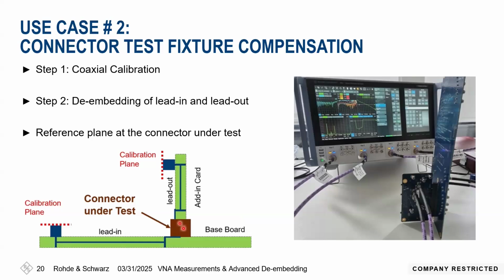So this is the PCIe connector, which needs to be measured, and we need to de-embed this lead-in and the add-in card or the lead-out. So on the board, you can see over here, this will be done with the 2x-thru. We can measure this 2x-thru and compensate for this lead-in and lead-out structures.